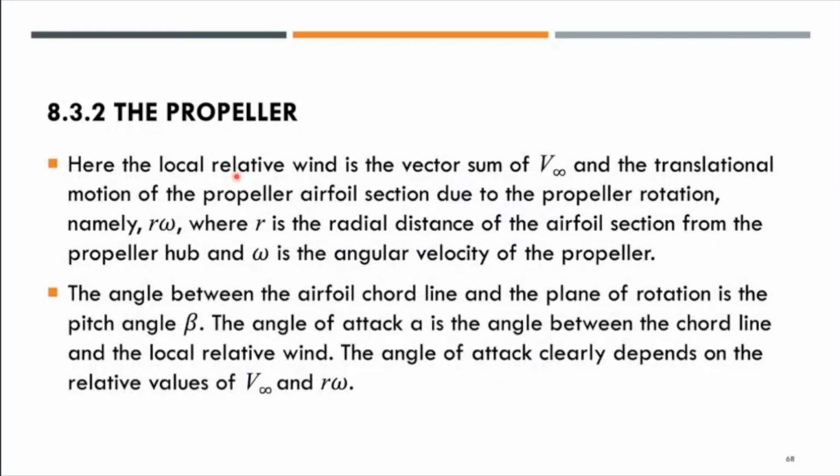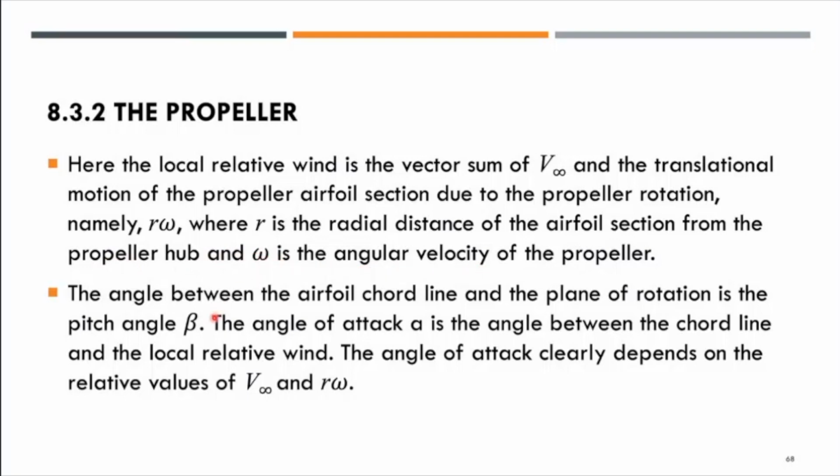Here, the local relative wind is the vector sum of V infinity and the translational motion of the propeller airfoil section due to the propeller rotation, namely R omega, where R is the radial distance of the airfoil section from the propeller hub and omega is the angular velocity of the propeller.